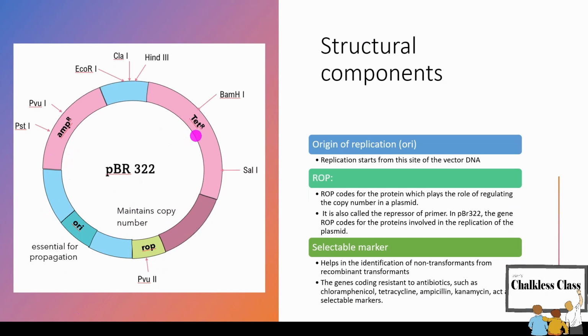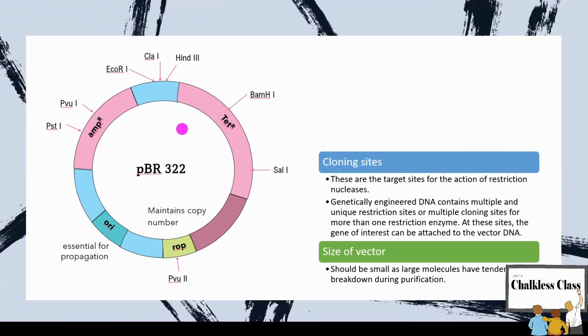So genes coding for resistance to antibiotics such as tetracycline, ampicillin, chloramphenicol, and kanamycin act as selectable markers. These are the basic things required in a typical vector. And the vector must also have cloning sites.